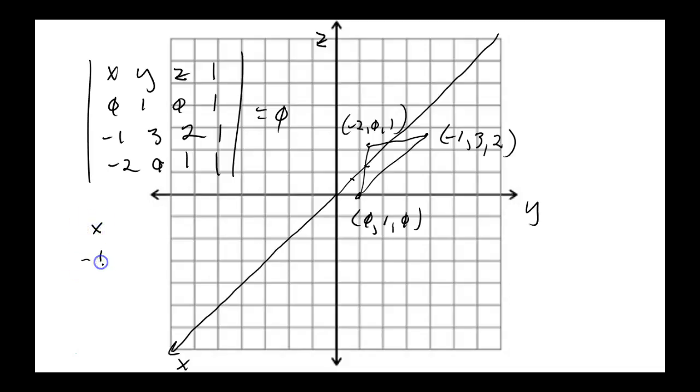X, okay. You're going that way this time. We're working with rows now, so you got to think that way. Okay. So negative 1, 3, 1, and negative 2, 1, 1.